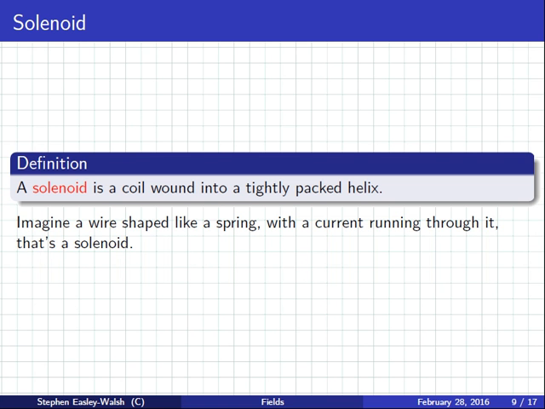But having a piece of soft iron that the wire is wrapped around makes it more efficient. But it's not actually part of the definition. In real life, what you'll have is a soft iron core, and then the wire is wrapped around this. It makes it much more efficient.